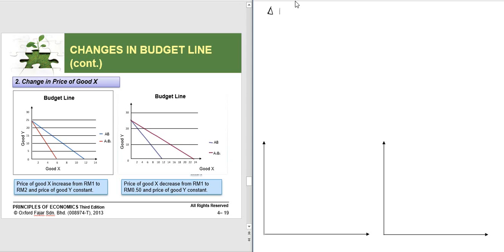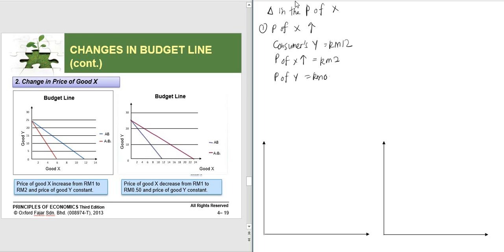Let's say the first case is that the price of X increases, assuming the consumer's income is fixed at RM12. Before this the price was RM1, now it increases to RM2, and the price of Y remains the same, 50 cent.